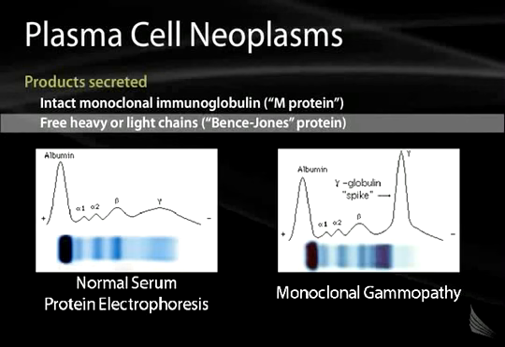What you see here is a serum electrophoresis pattern on the bottom part of the slide, where you see a normal protein electrophoresis on the left-hand side of the slide, and a monoclonal gammopathy in the gamma globulin region of the electrophoretic pattern there. And that is oftentimes a monoclonal peak, so it is a specific type of gamma globulin that is hyperproduced from the malignant clone.